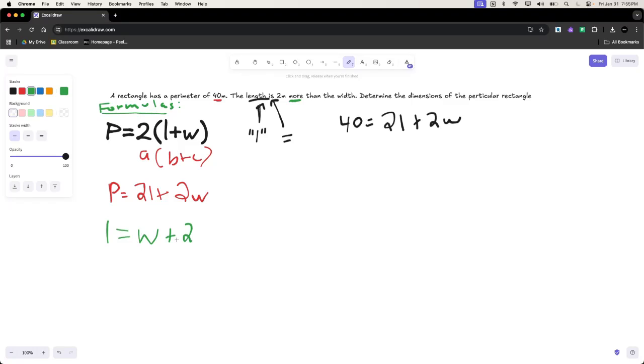Therefore, we can substitute this length into our equation here. So I'm going to go back to black here, and it's going to be 40, which equals 2. And now, instead of L, I'm going to substitute W plus 2.